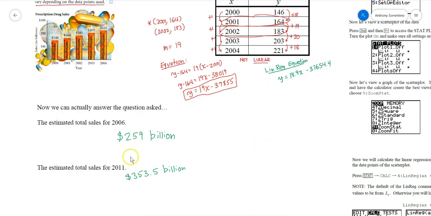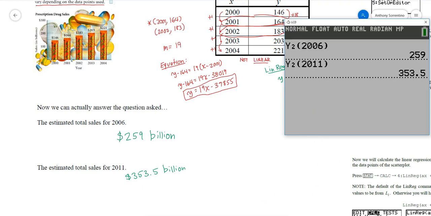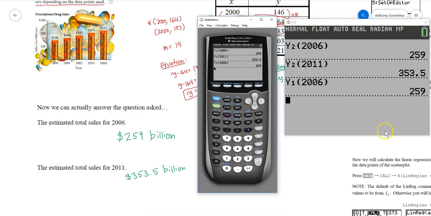I would notice some difference in these values. If I choose to do y1 instead, it's 259, so you can see that part's not very far off. And if I do 2011, that one's not very far off either. It's off by 0.5 billion.